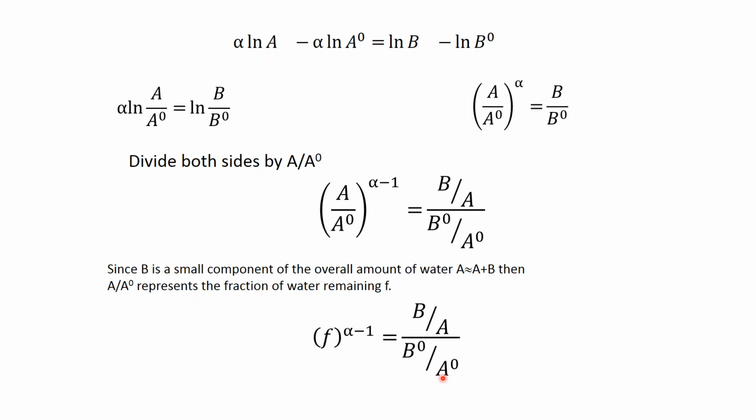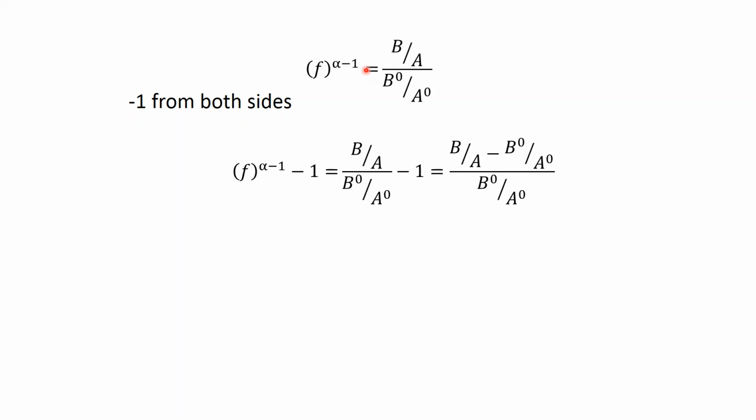Okay, so this is quite useful, but we can start to make this into something that may be a little bit more familiar. So if we subtract 1 from both sides to get this, this is now effectively the same as expressing it like this.